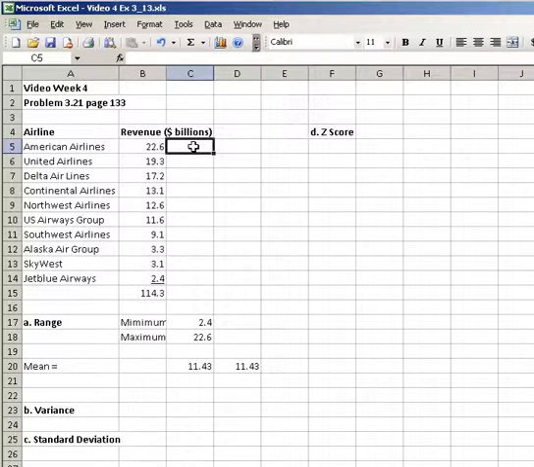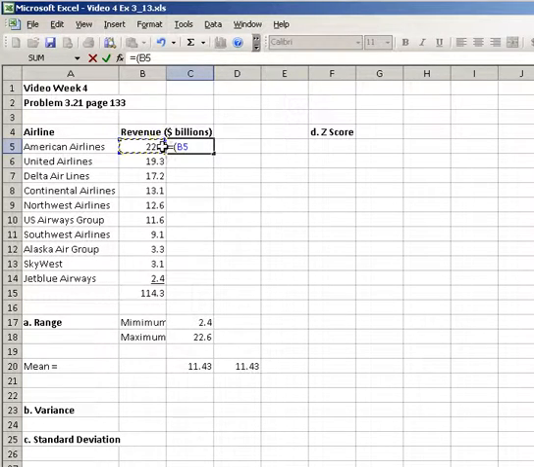Well, it's equal to the revenue of each airline minus the mean, the average value. So this airline, American Airlines, had 22.6 billion of revenue. The average is 11.43. We can see that the difference is going to be about $11.17 billion.